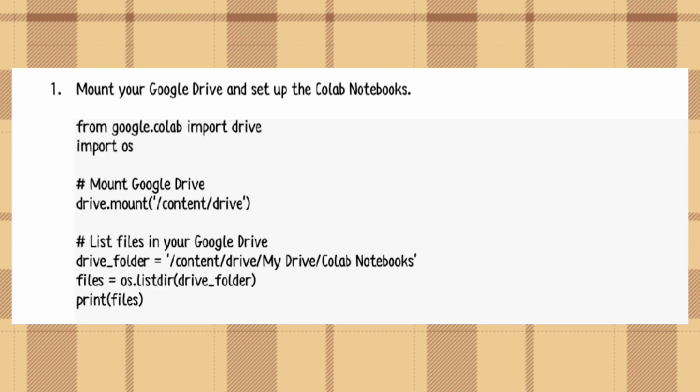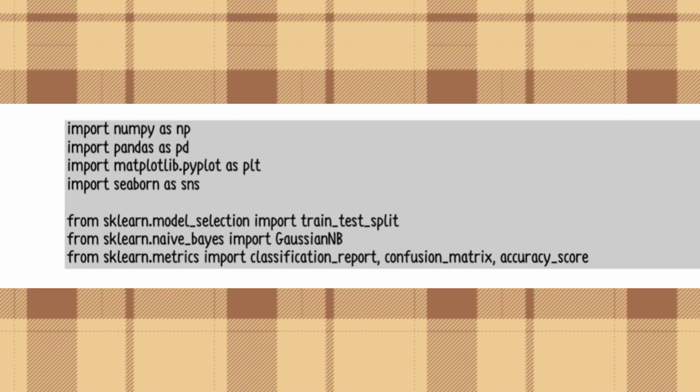In this case, it's pointing to a folder named Colab Notebooks inside My Drive. This is a common practice to organize Colab-related files. In essence, this block of code is preparing the environment for a machine learning task, specifically one involving data analysis, visualization, and building or evaluating a Gaussian naive Bayes classification model.